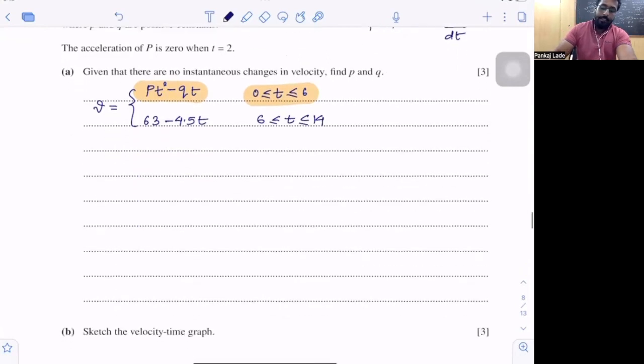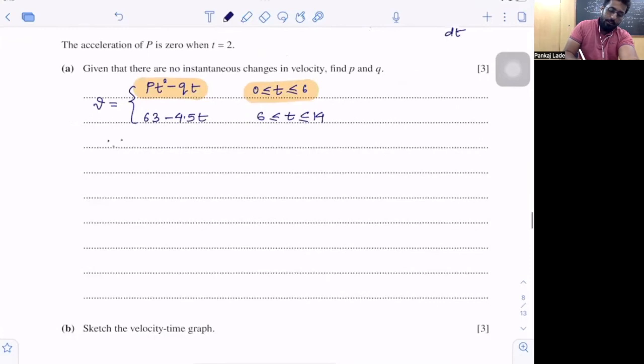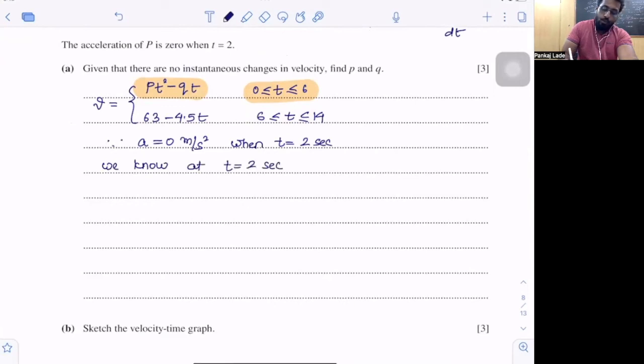So I can say, since acceleration a is 0 meter per second square when t is 2 seconds, we know at t equal to 2 seconds, what's the velocity?